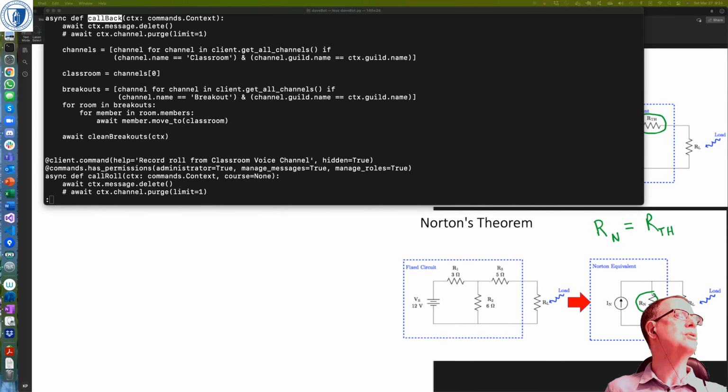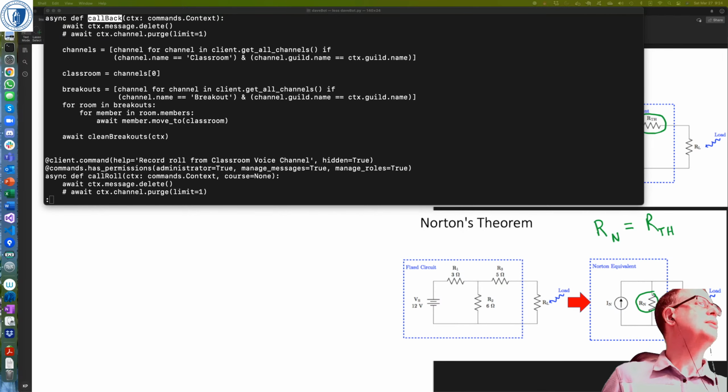But try and choose a room that's got fewer people in it. Yep, so Alex, if you would, yeah, go for it. Thank you.